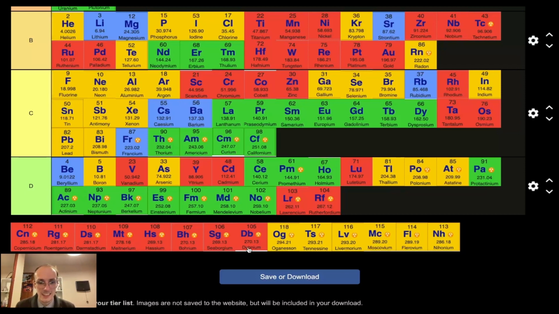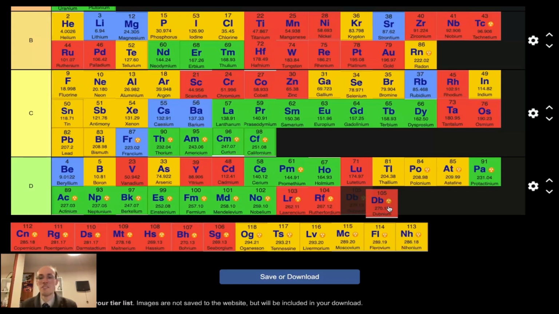Dubnium is next. There's a bit of a naming controversy with this one. So it's element 105, and it was first described in 1968, but it was not finally named until 1996, which is the year I was born, because there were many failed meetings between Russia and the US, who both were saying that they were the first to discover it, and IUPAC, which is the International Union of Pure and Applied Chemistry, that ultimately confirms the names.